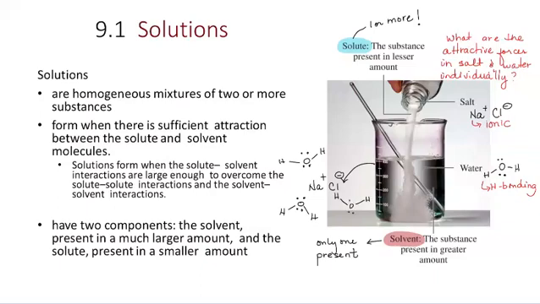Because water is a polar molecule, we can designate what portion of the molecule is electronegative with a delta minus, or electropositive with a delta plus. The delta minus is the oxygen, and the delta plus is the hydrogen atoms in the water.